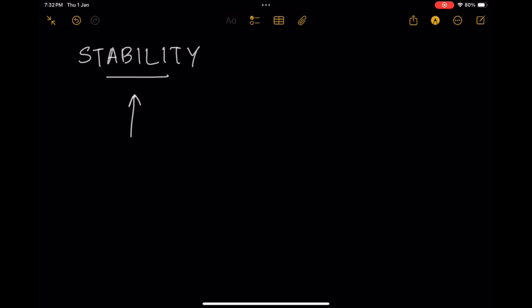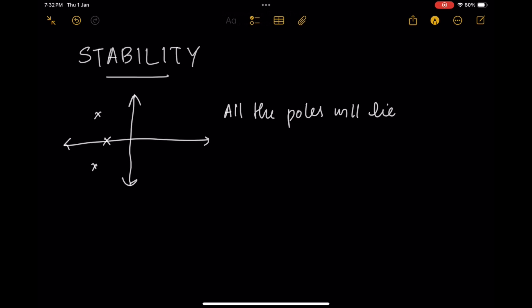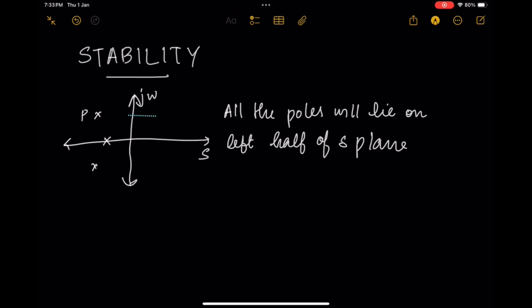We have said it multiple times before, that is, all the poles will lie on the left half of the S plane. This is S, this is j omega, this is the S plane. So all the poles will lie on the left half of the S plane. That is the criteria for stability.